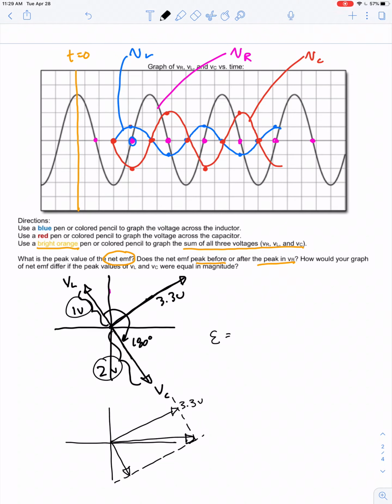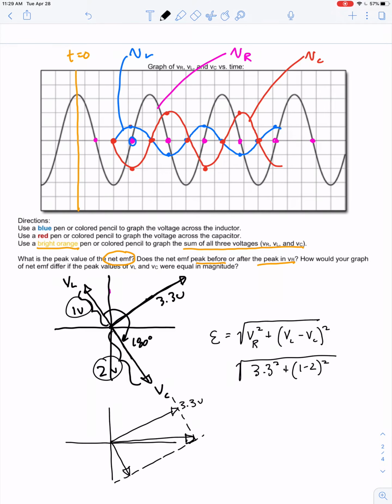In other words, the EMF is the square root of the voltage across the resistor squared plus the difference between the voltage across the inductor and the voltage across the capacitor, squared. So this is the square root of 3.3 squared plus (1 minus 2) squared. That's going to give you a negative 1, but anything squared is still a positive value.